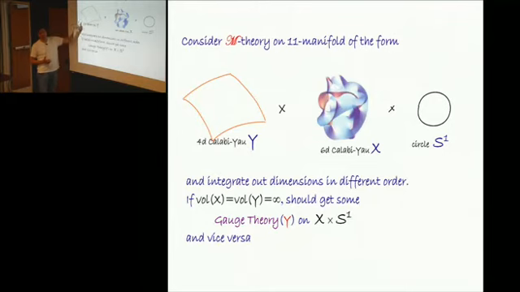These are real dimensions, so it's a complex 2 and a complex 3 and a circle. We can view this theory from the perspective of 6+1 or 4+1 dimensions. In both cases, if the volumes of X and Y are infinite, we should get a gauge theory in 4+1 or 6+1 dimensions.